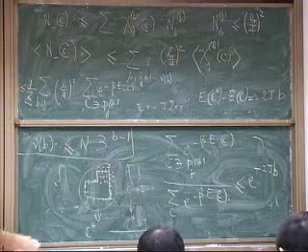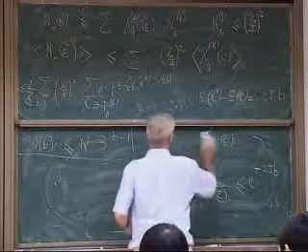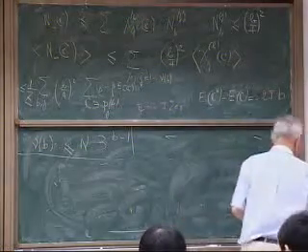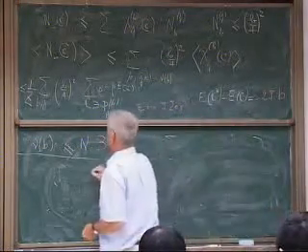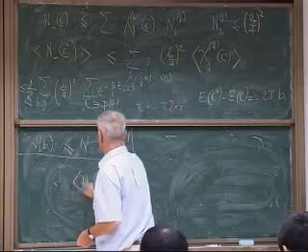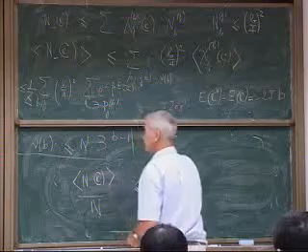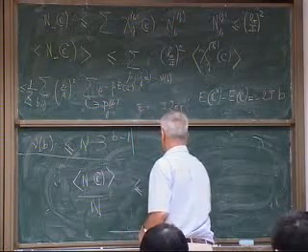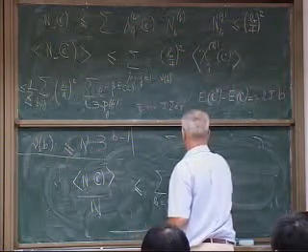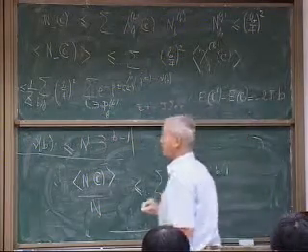So we end up, after this complex calculation, with N1... I've forgotten beta here.